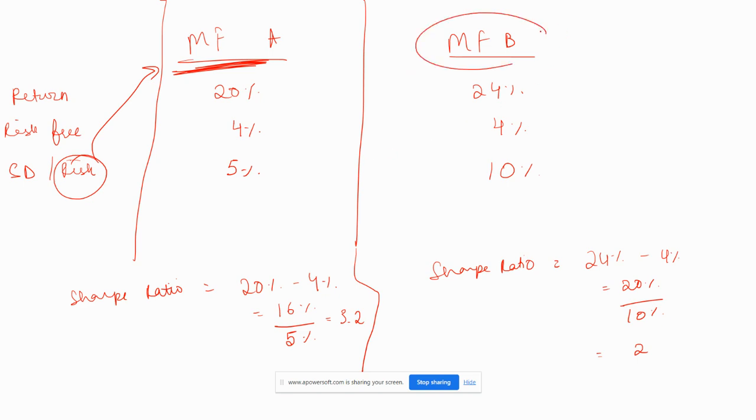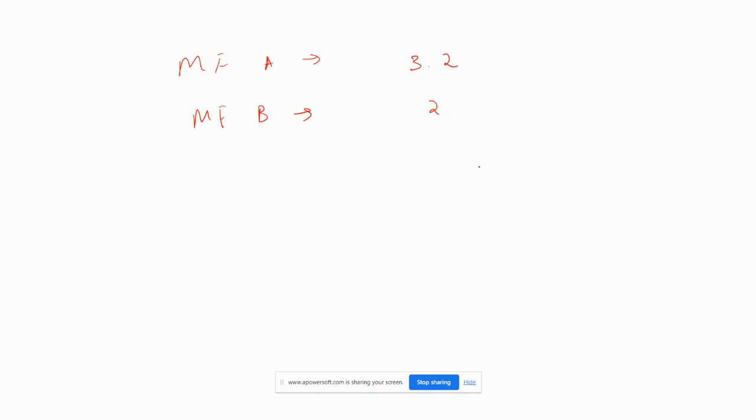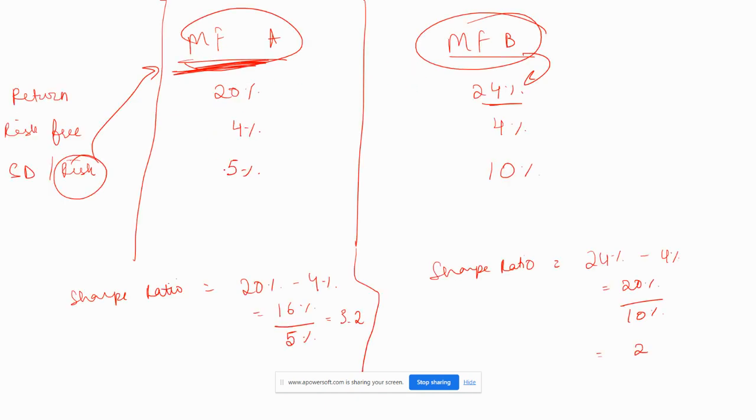This means that even though mutual fund B generated a greater return, my risk is better adjusted in mutual fund A. Why? Because what is Sharpe ratio? Per unit risk, how much return I've generated. In mutual fund A, I took less risk.